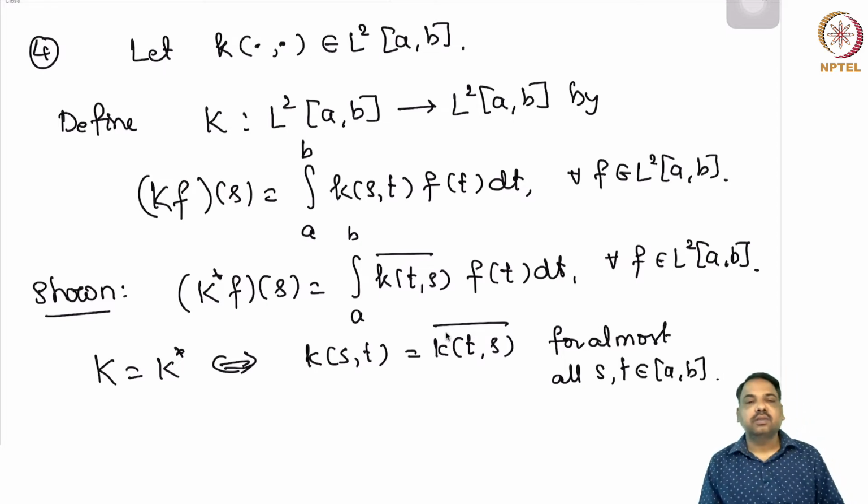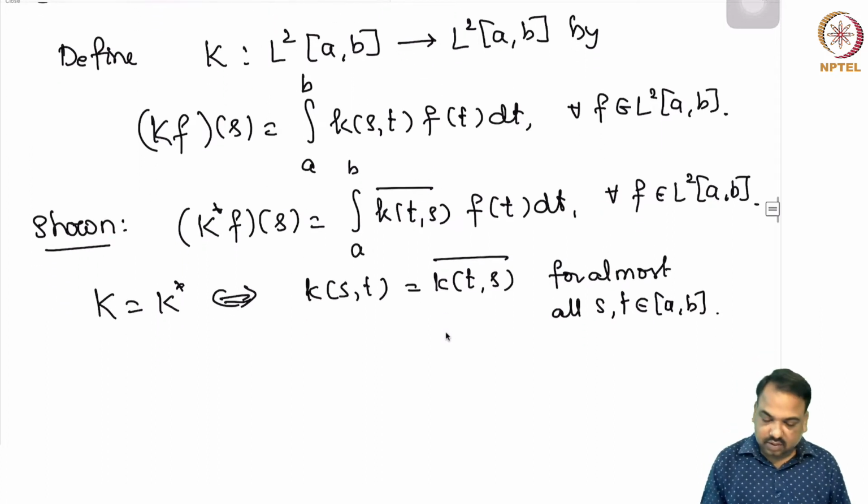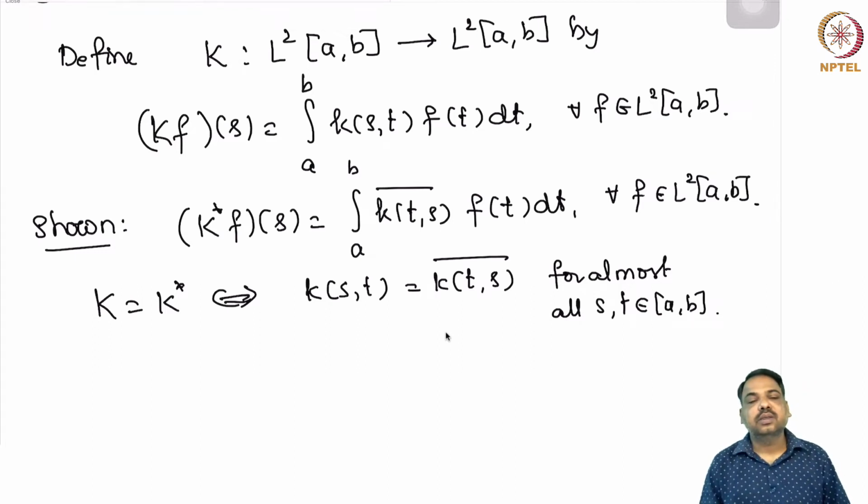Such a kernel we call a symmetric kernel, that will give a self-adjoint operator. Now you can easily check under what conditions K becomes unitary, normal, and positive.